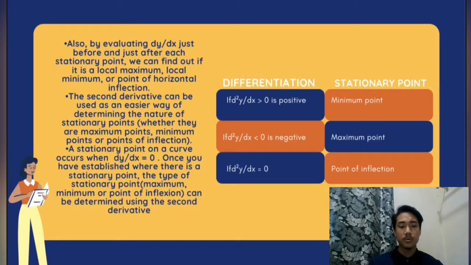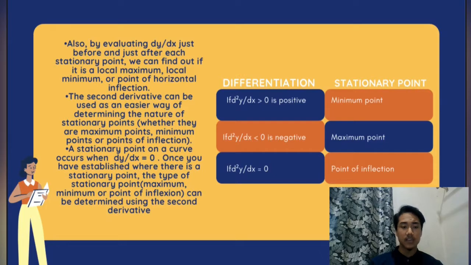A stationary point on a curve occurs when dy over dx equals 0. Once you have established where there is a stationary point, the type of stationary point, maximum, minimum or point of inflection, can be determined using the second derivative.